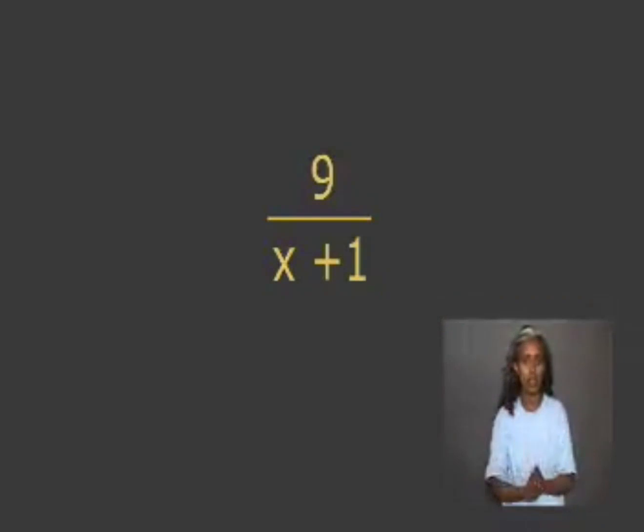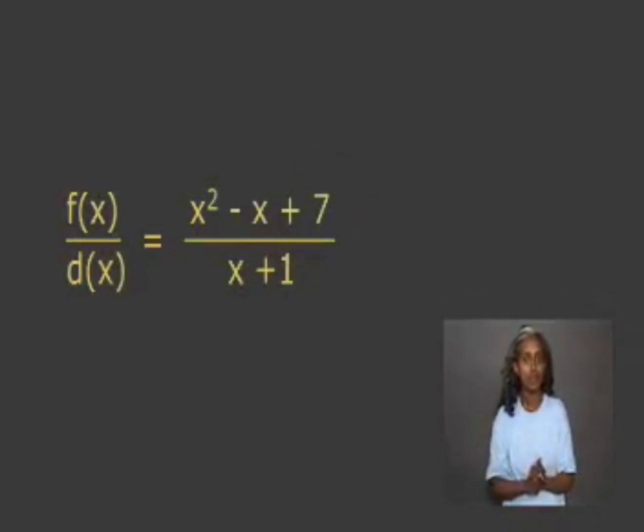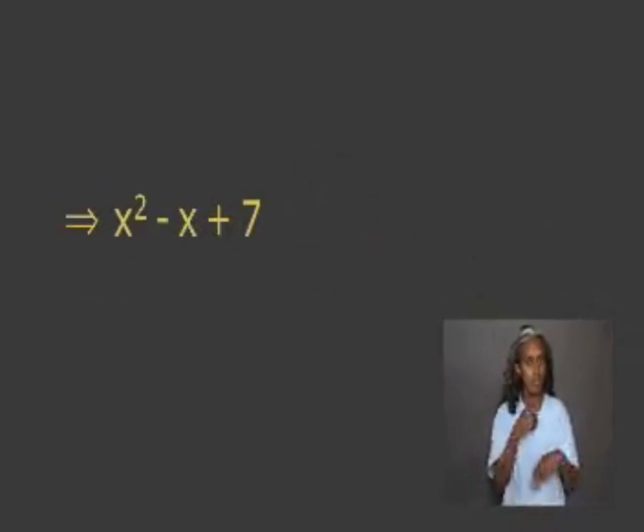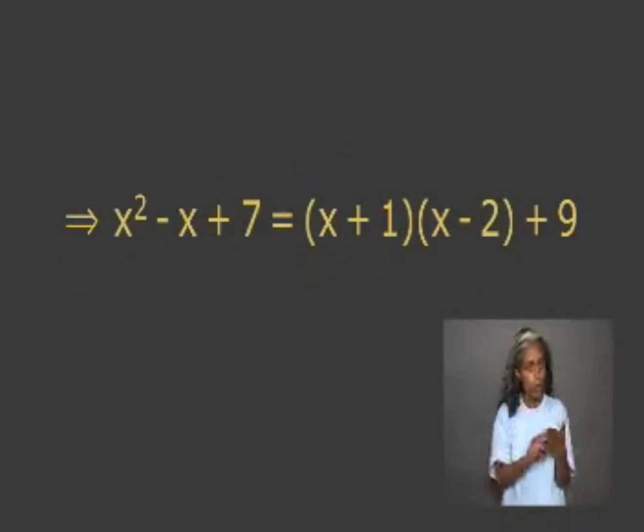The polynomial's divisor, x plus 1, is the denominator of the fraction. f of x divided by d of x is equal to x minus 2 plus 9 over x plus 1. So x squared minus x plus 7 is the product of x plus 1 multiplied by x minus 2, plus 9. We have found our answer, students.